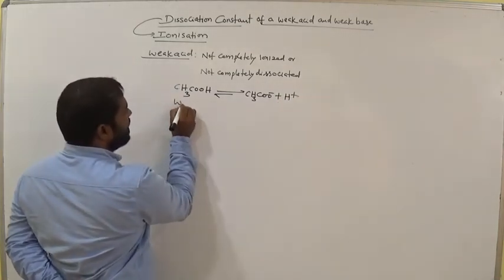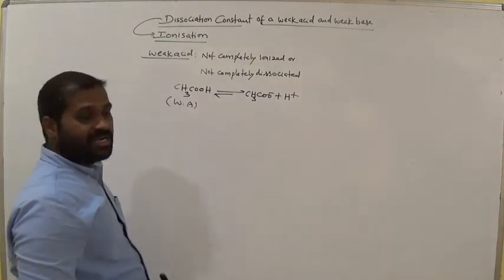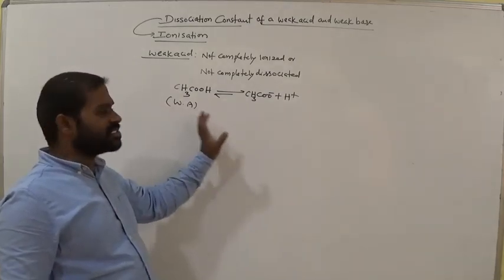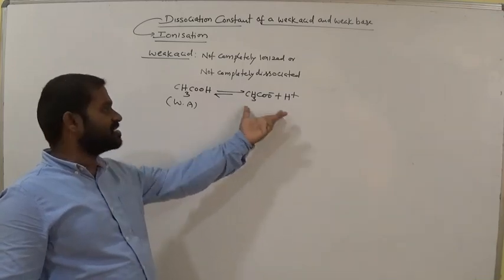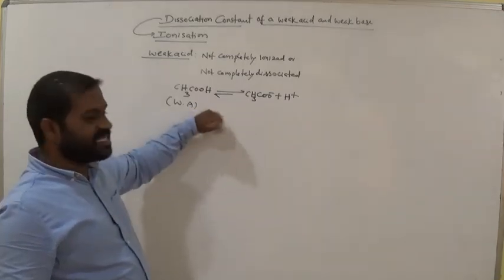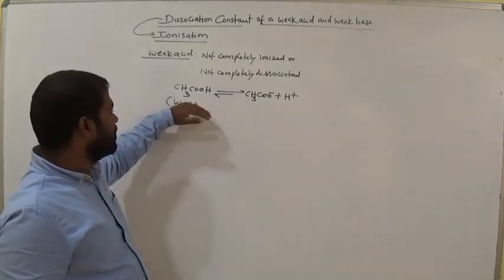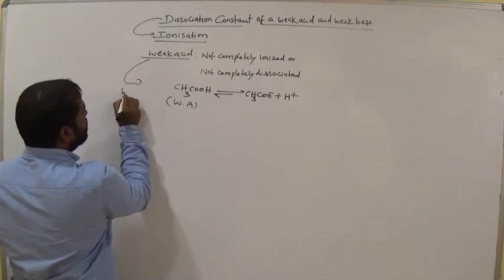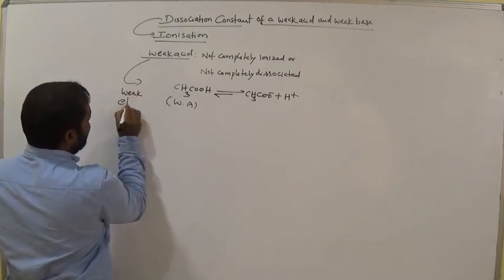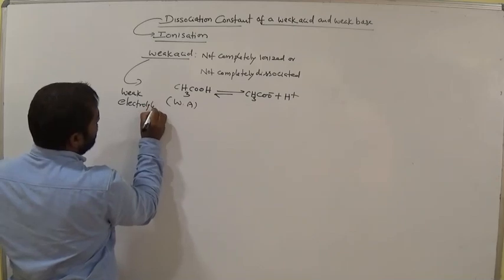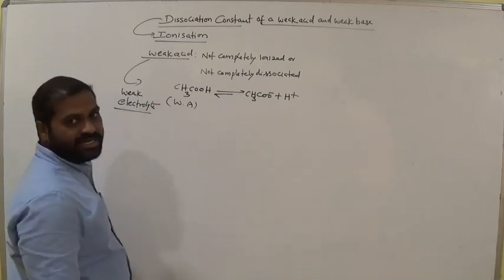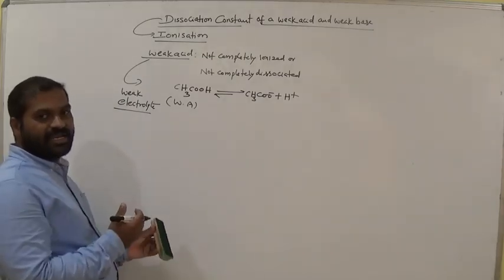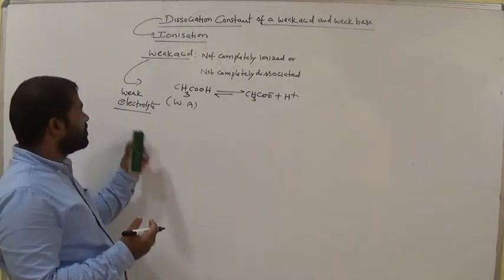It is a weak acid. Why? It doesn't undergo 100% ionization. Suppose we consider 100 molecules, only 30 or 15 molecules undergo this ionization or dissociation. So it is a weak acid, and a weak acid is also a weak electrolyte. If it is 100% ionization, that is a strong electrolyte. If it is less than 1, we call it a weak electrolyte.